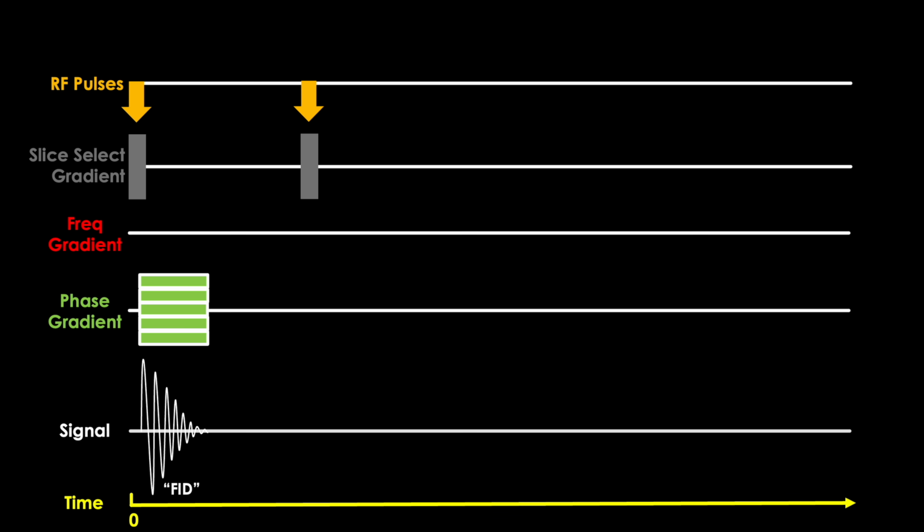So by applying the second RF pulse, also applying our slice select gradient at the same time to make sure that RF energy is being deposited into our slice of interest, we can make this signal re-emerge as an echo onto which we apply our frequency encoding gradient, and we designate the peak of this echo as our TE, or time of echo.